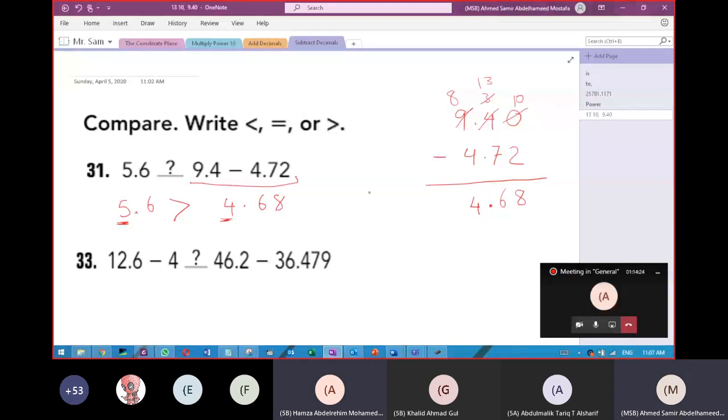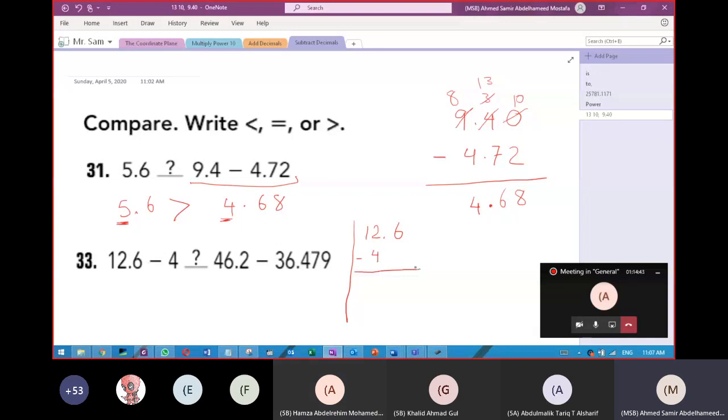All right. So what should I write here? 12.6 minus 4. Where can I write the 4? Under the 2. Okay, very good.